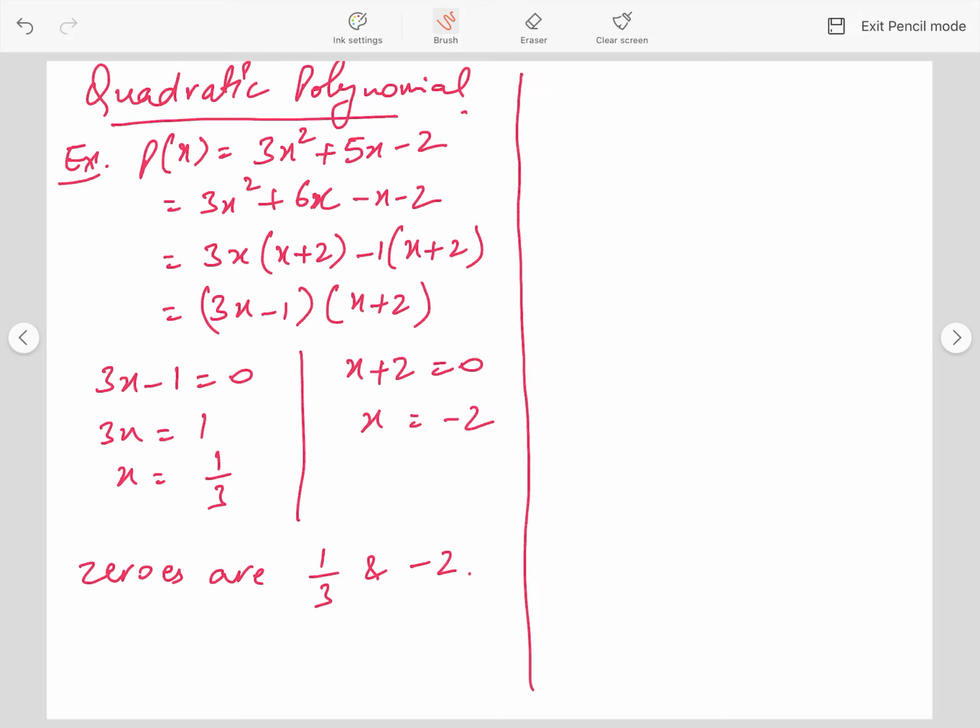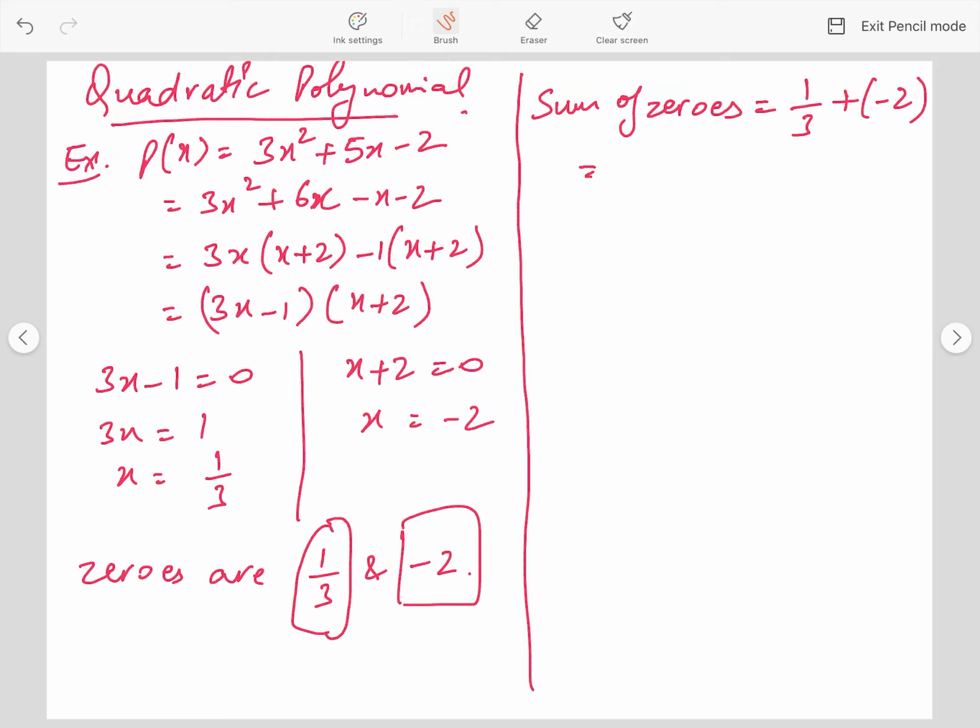Now the other method to find these is according to the relation between coefficients and zeros. Sum of zeros is equal to the sum of these two zeros, that is 1 by 3 plus minus 2. So that is equal to minus 5 by 3.